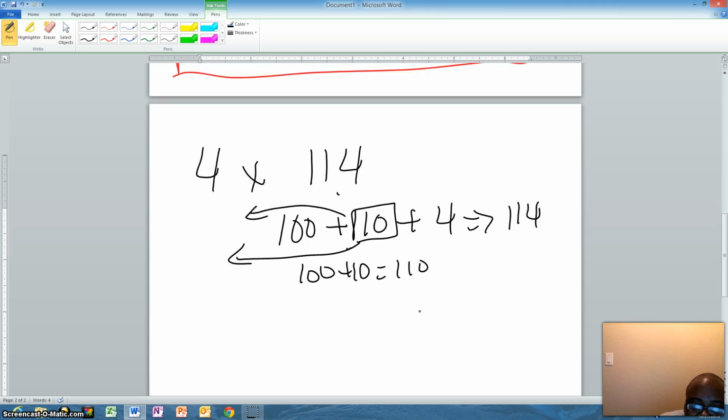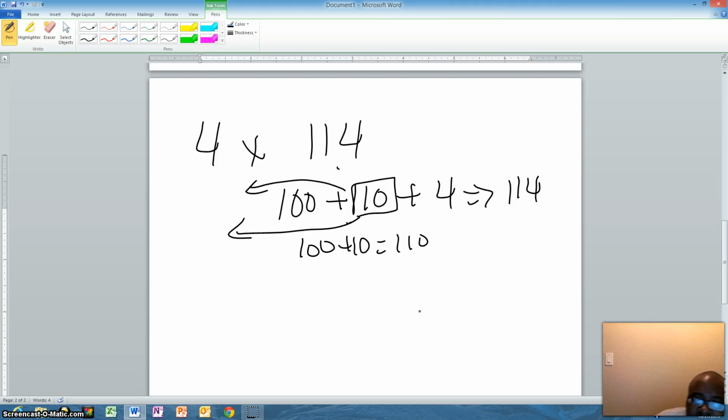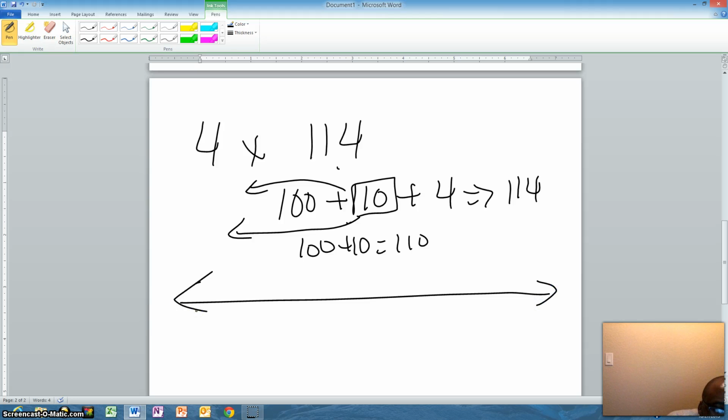And that is going to be the beginning of our number line. Since we're rounding to the tens place, we jump 10 to go to 120.